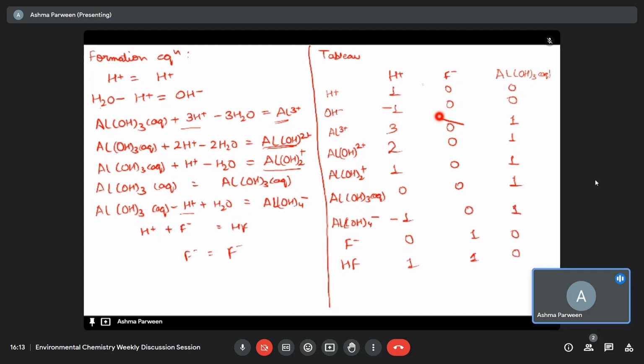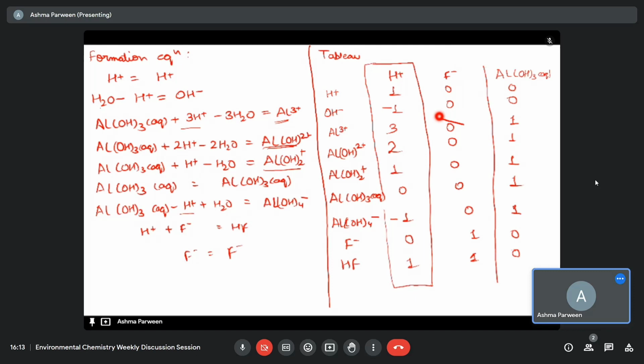So all these will give us total H plus, and this will give us the total Al(OH)3 aqueous total concentration. So let's see what is the final equation we are getting for H total and Al(OH)3 total.